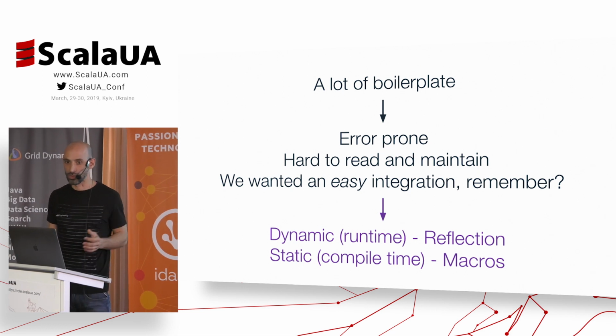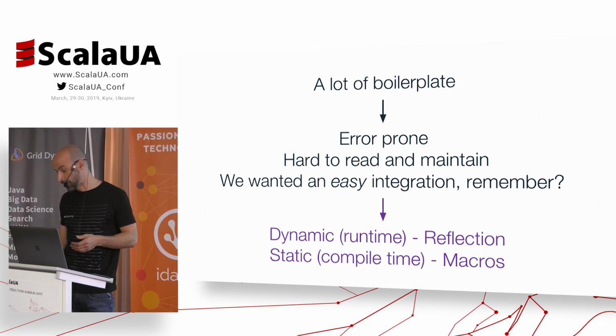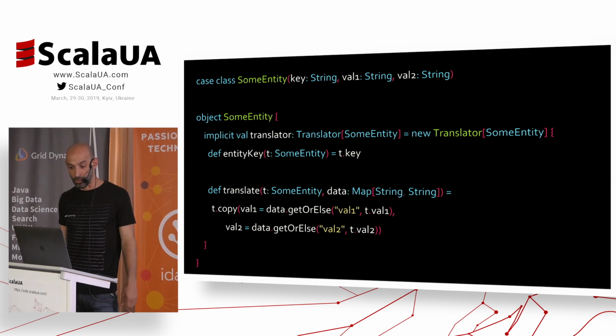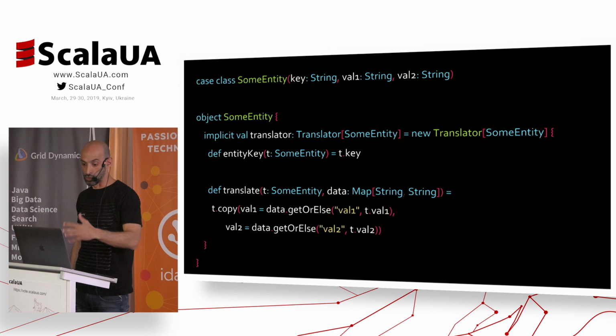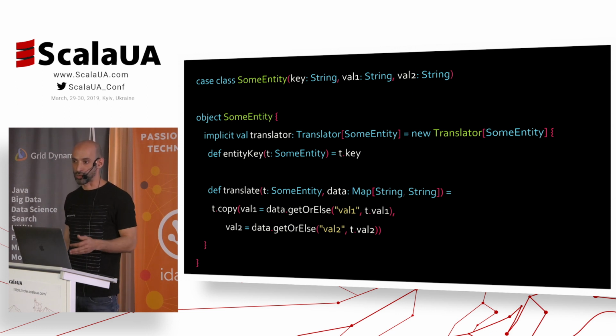And macros also have a very bad rap, but for example, if we return to the code that we were implementing, our implementation of the translator, as you see, there are a lot of lines, but they're basically very simple, but still it takes a while to write them and then to test them.